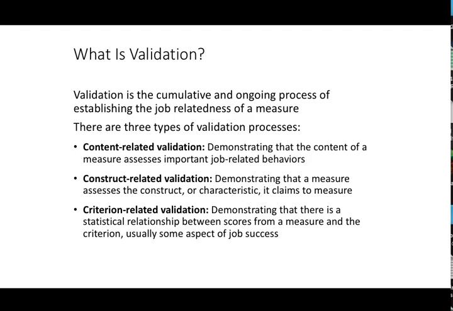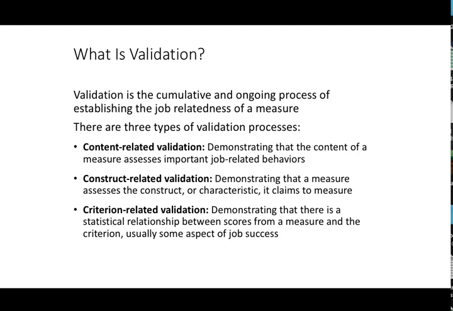Criterion-related validity is looking at the relationship, and it's usually based on a statistical relationship, correlation, etc., between the measure and the thing we're trying to predict. And we can do it based on concurrent validity, or we can base it on predictive validity.